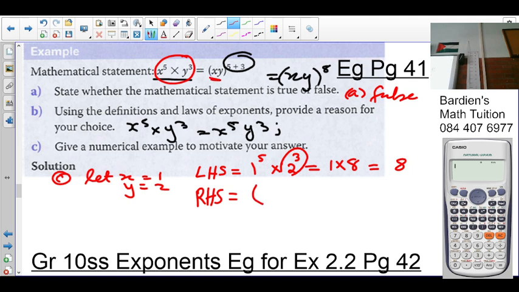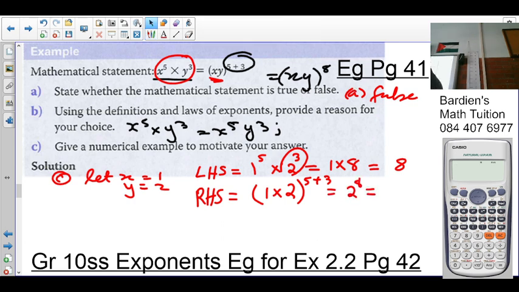So it's 1 times 2 raised to the exponent 5 plus 3, which is 2 to the 8, and that is 256.